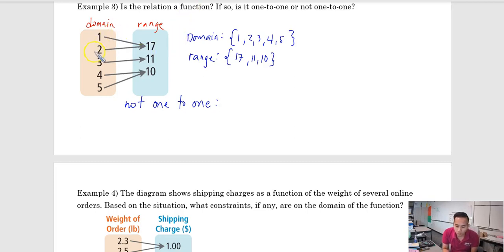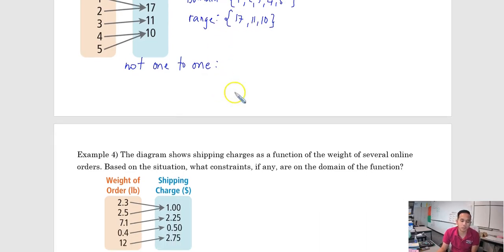So just to make it simple, the domain must only have one partner. Okay, so that the relation will work, and your relation is considered to be a function. That's one of the easiest explanations that we can give you here on relations and functions.